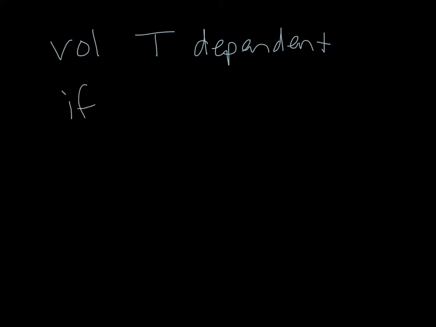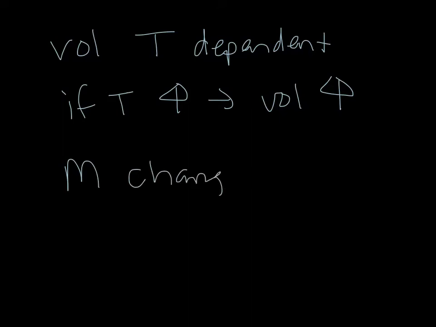So molarity has a volume component, and volume is temperature dependent. If my temperature increases, then my volume also increases. And what that means is that molarity changes with temperature.